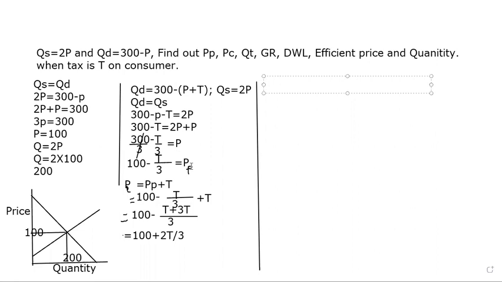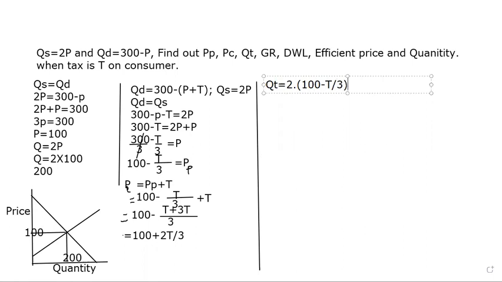As we have the P for the producer, we can put the function in the quantity function. So QT equals 2 into 100 minus T by 3.